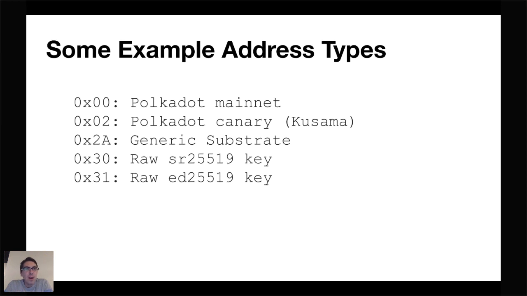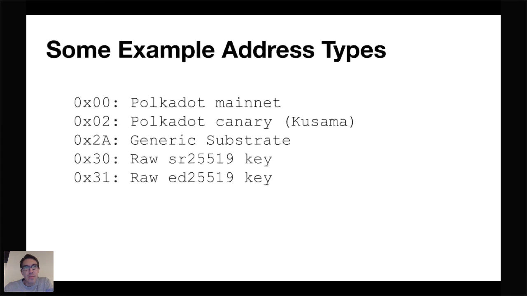But because it doesn't have to be for the same network, because you can see we have a sort of generic substrate, and Substrate allows you to generate lots of different blockchains, you could have multiple networks with the same address type, although that would probably not be a great idea. We also could say, well, I don't want to do this with a checksum for one reason or another, I just want to put a raw key up there or something like that.